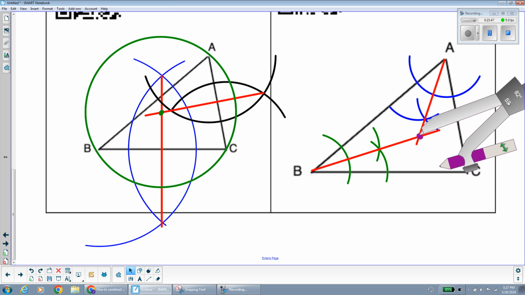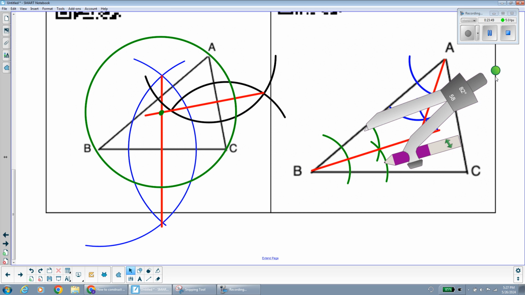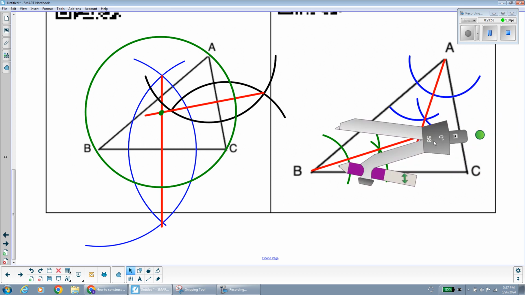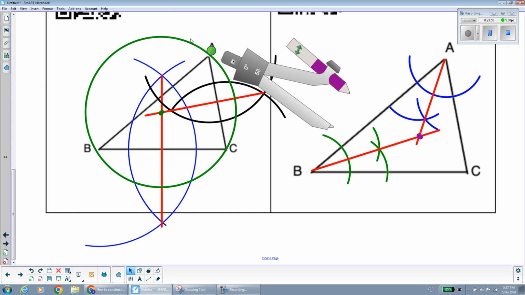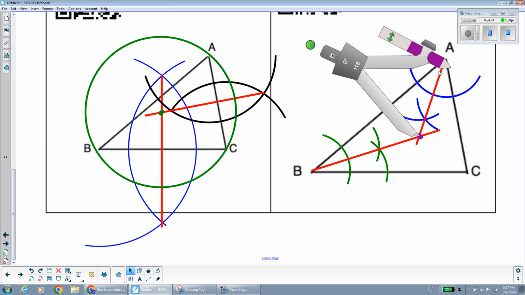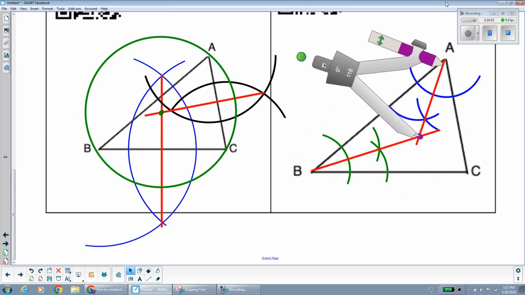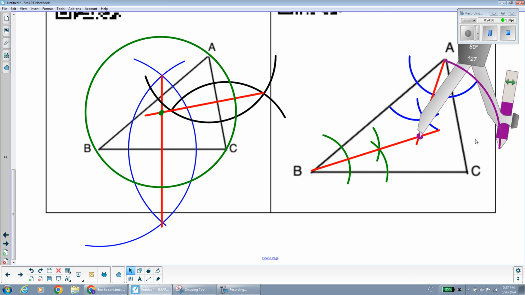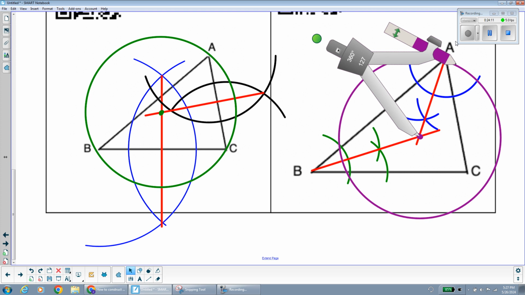Let's say I put my compass on this point on the incenter, and let's say I opened up to A. That's not within the walls of the triangle. So as you can see, that just doesn't work.